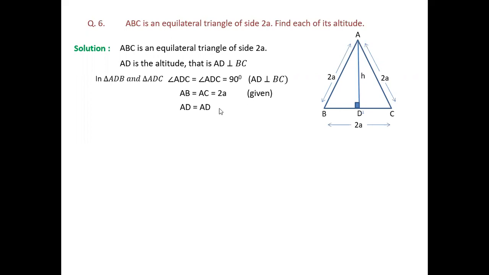So, this angle is 90, these two sides are equal, and this is common to both. Therefore, these two triangles are congruent by right angle, hypotenuse, side rule. RHS congruency. R means right angle, H means hypotenuse, S is any one of the sides.